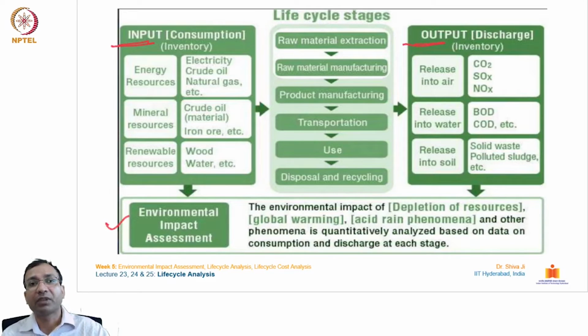If you see on the bottom left side portion, from there it starts exerting its impact. For example, if we are extracting natural resources, hydrocarbons, wood, timber, harvesting trees, etc., there is some kind of impact we are exerting on the ecosystem.